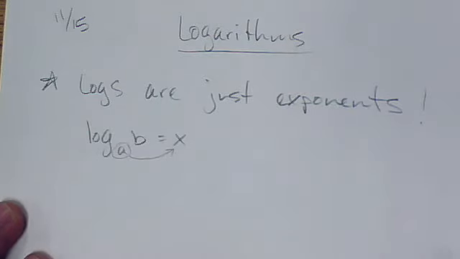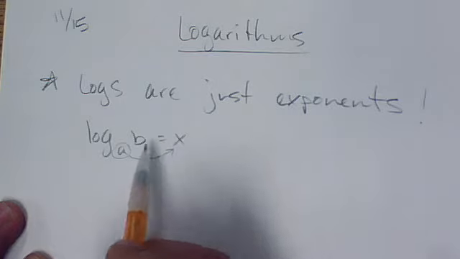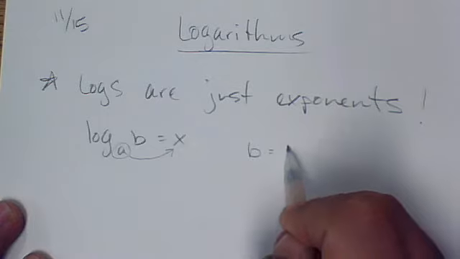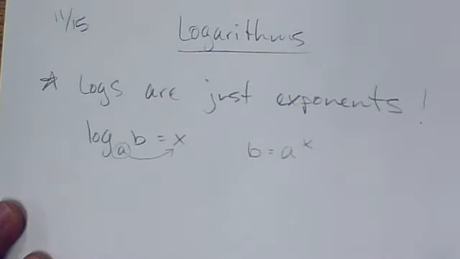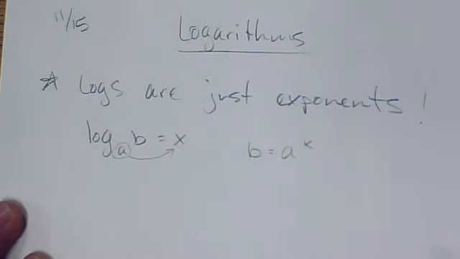You can think of it as sliding over here and becoming the base of that exponent. So we would say that b equals a to the x, because the logarithm equals the exponent. So the base of the log slides over here and becomes the base of the exponent.